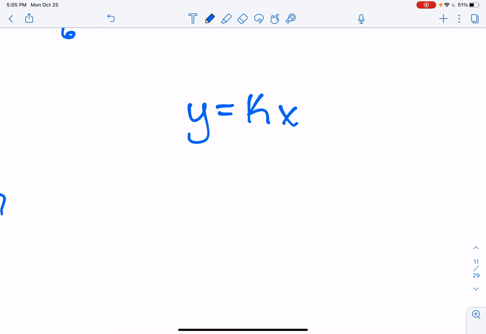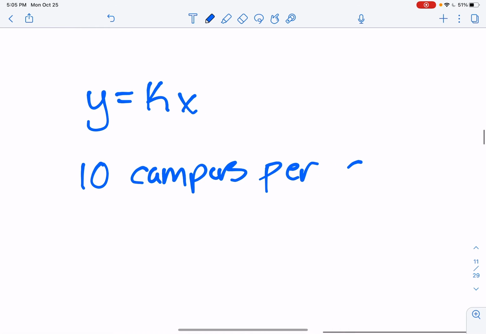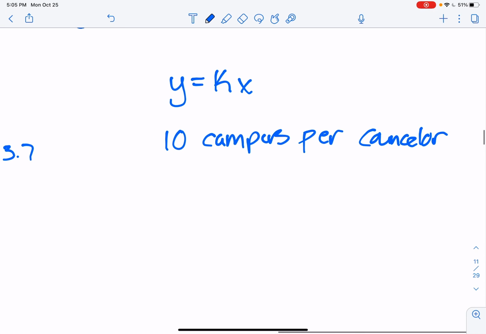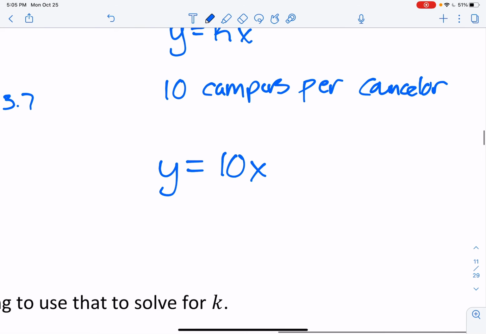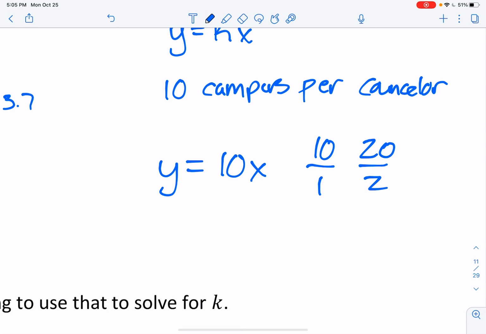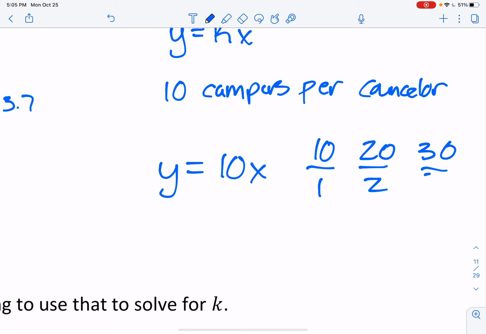Well, if it's 10 campers per counselor, that's going to be y equals 10 times the number of campers. So that means when there's 10 campers, there's one counselor. And when there's 20 campers, there's 2 counselors. When there's 30 campers, there's 3 counselors.